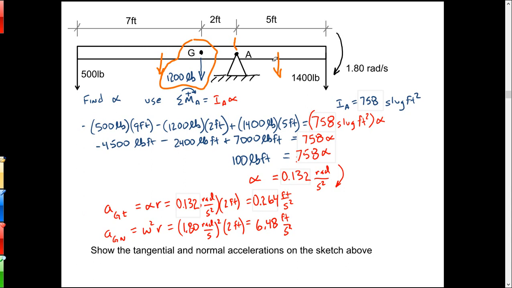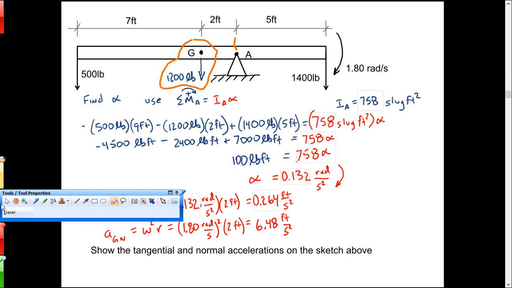So that's 1,200 pounds. And see, my goal here is to find how the center of gravity accelerates. All right, so to get that, I want to find alpha. So I'm going to need to find alpha. So I'm going to use the sum of moments about A equals IA alpha. And I decided there to use clockwise as positive. Okay.